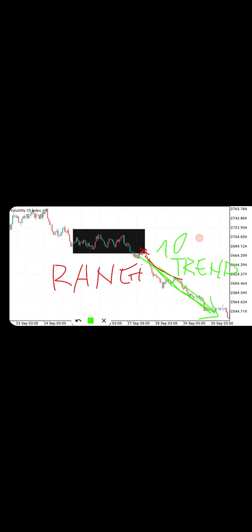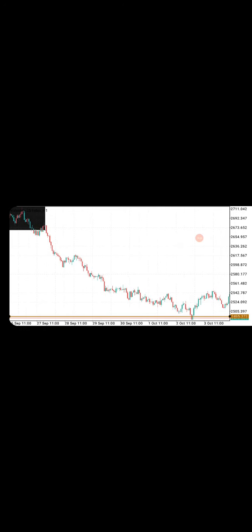You can see all this movement after this range. Right after this range, you will be able to catch this kind of movement. You can see all the movement that you will be able to catch. No stress, no pressure, guys.